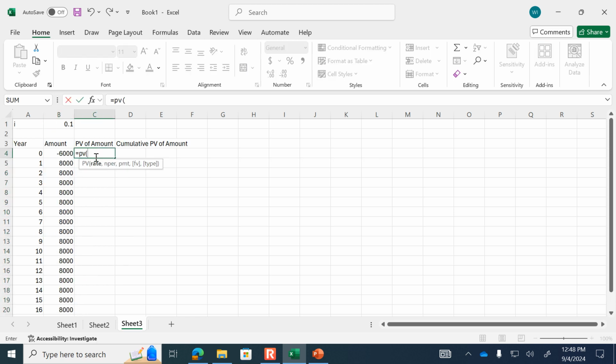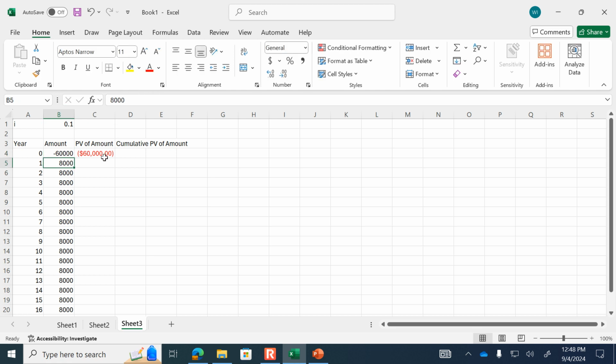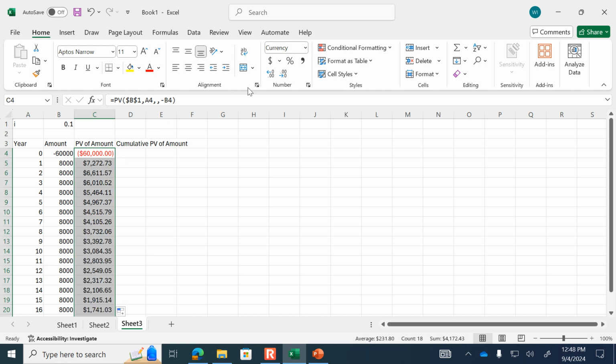So PV of the amount at our rate of 10%. The number of periods is whatever row we're on. I'm skipping over the payment field, and it's the negative of the amount. I need to change that to 60,000. And then double click here, and it'll apply the same calculations through all of them.